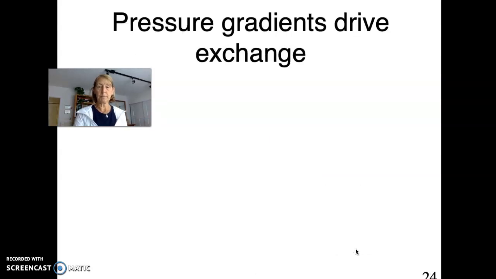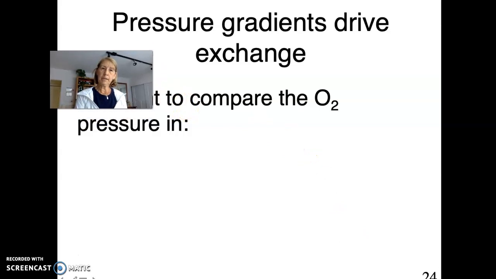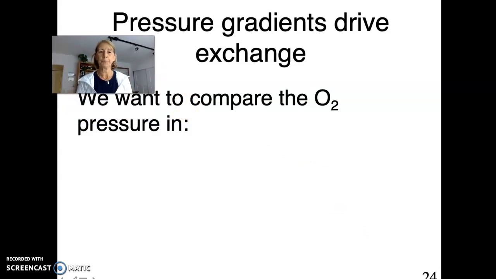Super important concept. Now, pressure gradients are going to drive that exchange, right? Carbon dioxide exiting from the body, oxygen coming into the body and coming into the blood and into the tissues.